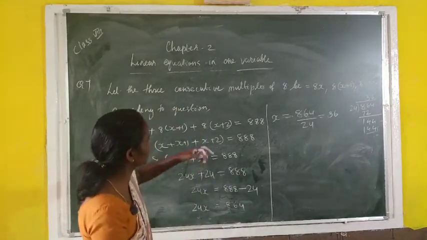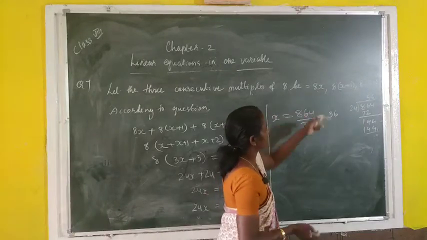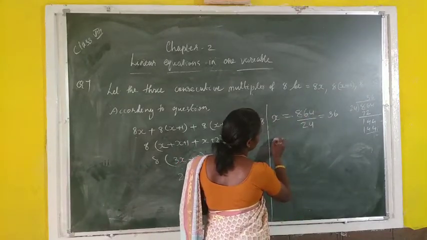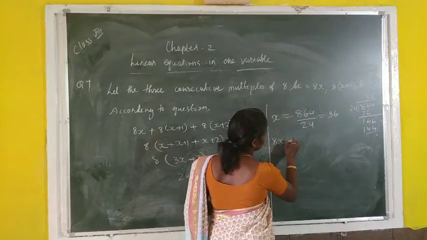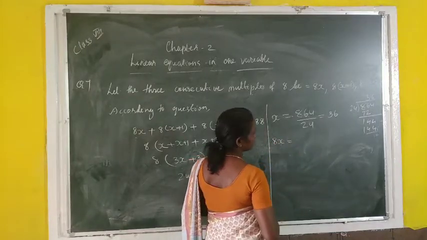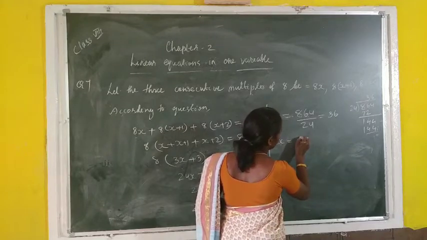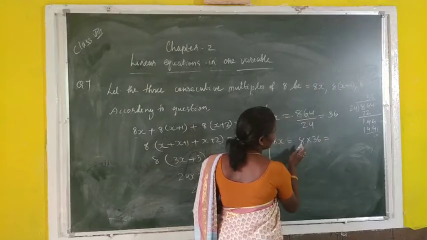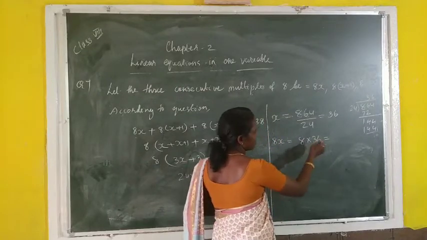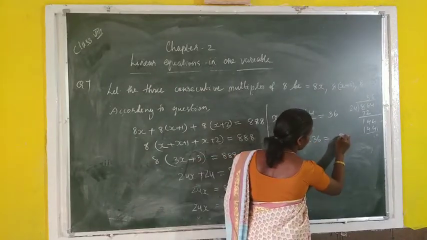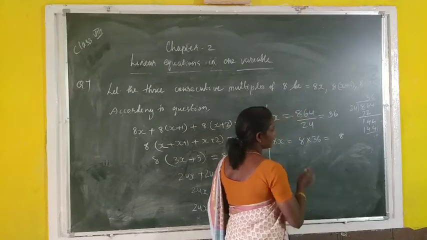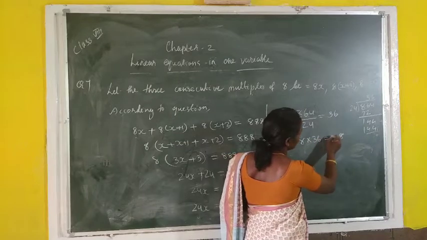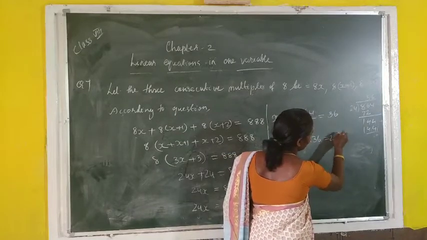Then here, first number 8x. Look, 8x is equal to which number? 8x is equal to 8 into 36. Which number? 8 6s are 48. Carry 4. 8 3s are 24. 24 plus 4, 28.